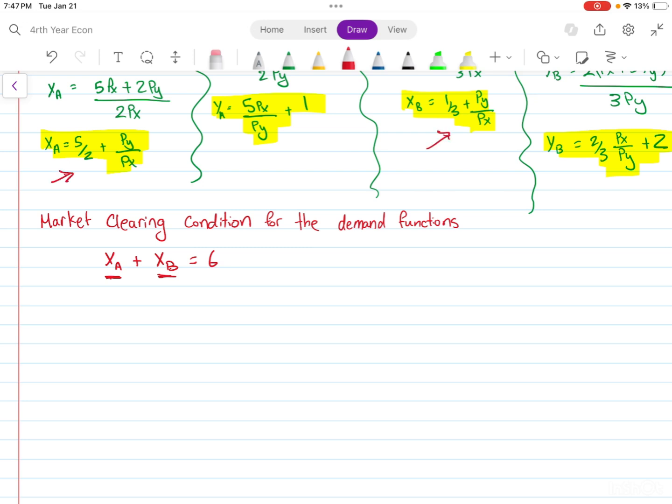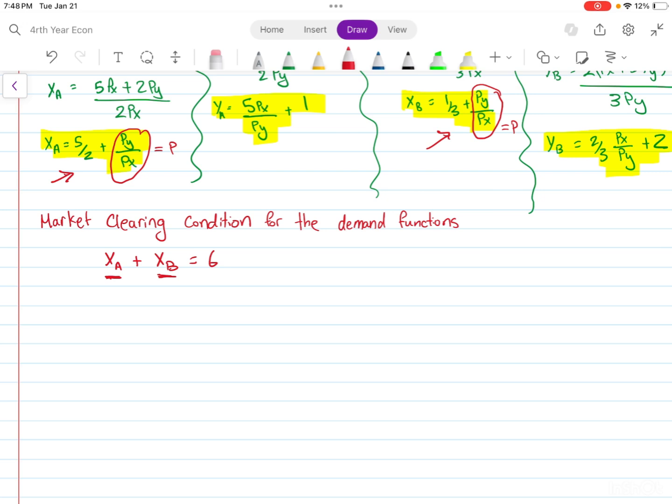And what we're going to do is add both of these together to figure out what the price is. Since we have the same variables here, let's denote that as just P for price. So now we have one variable to solve for.